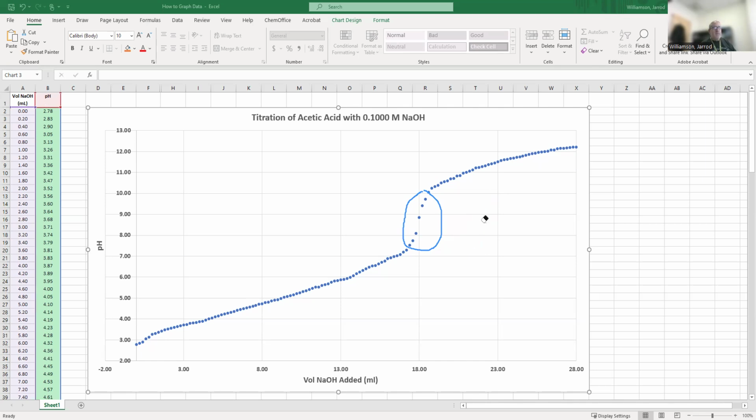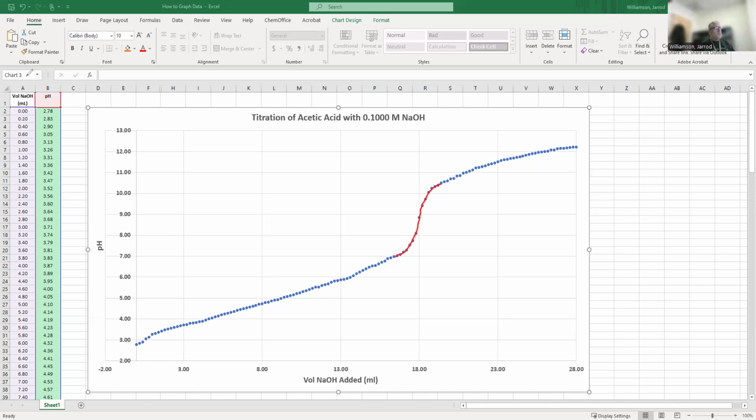And we can get it by eyeball if we do a best fit line or best fit curve. We kind of draw it in here like so, and get our best fit curve.